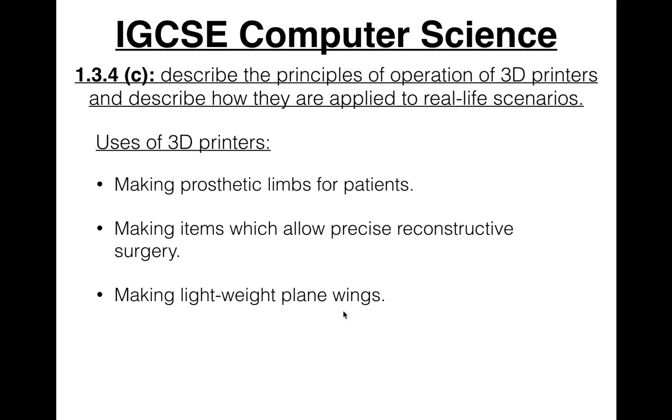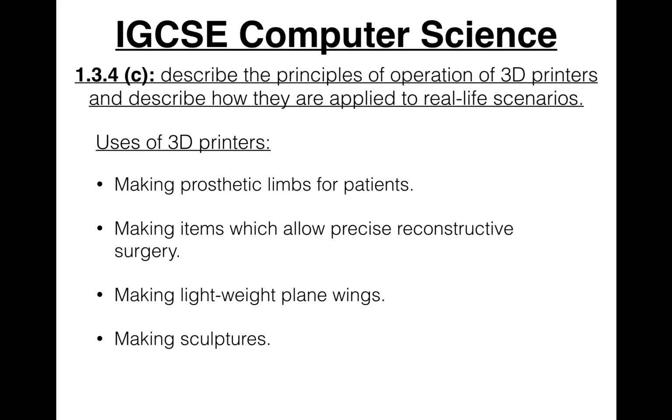You can also make lightweight plane wings. Now, this is a bit risky, but with time, hopefully people can actually do this, because it's much easier than having to build up wings. So, yeah, it's quite cool.